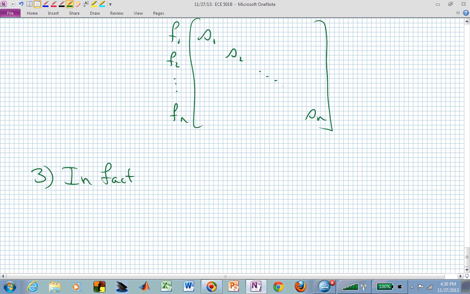In fact, we can apply the singular value decomposition not just to operators, but to generic linear maps. They don't have to be square.